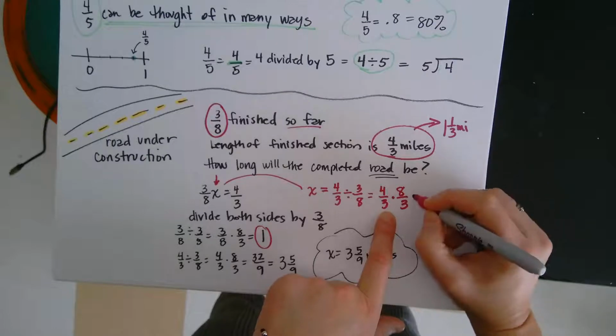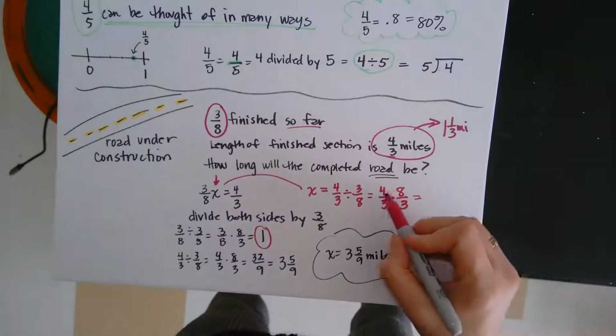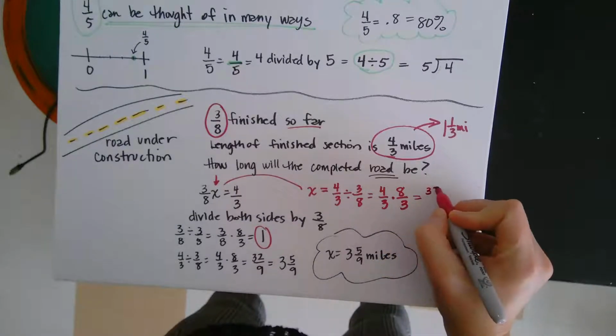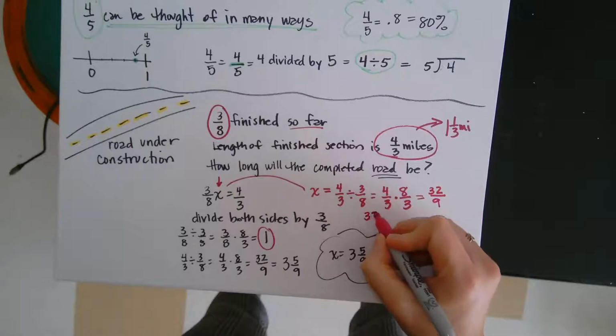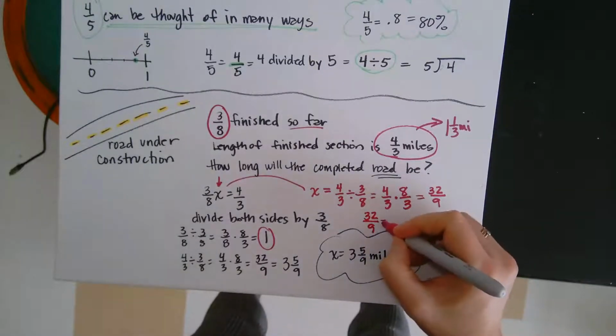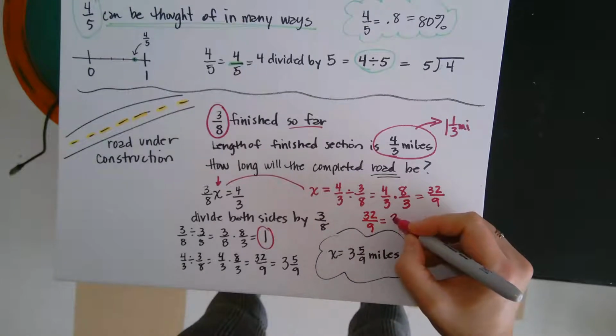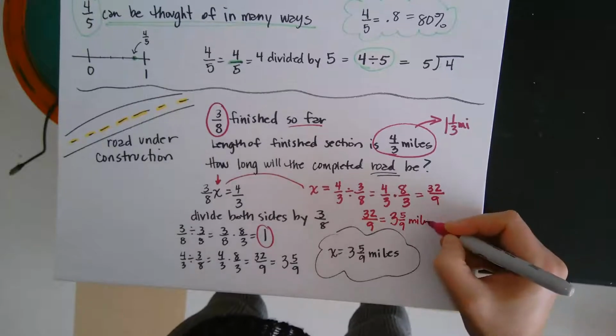I don't see anything I can cancel out in terms of common factors, so I'm just going to multiply straight across. 4 times 8 is 32. 3 times 3 is 9. And so I know that the whole road is going to be 32/9 miles. Or I can think of that as 3 5/9 miles.